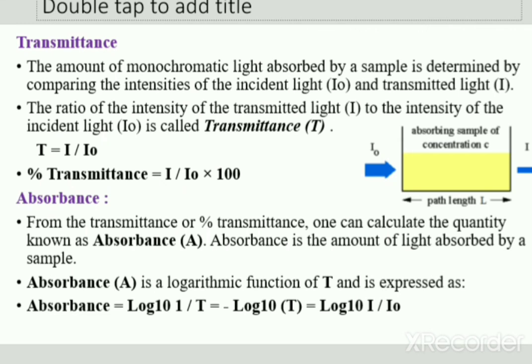So these laws are very important. Okay, so there is one limitation, that is using this law it becomes very easy to study the absorptivity coefficient of the sample when the concentration is low.